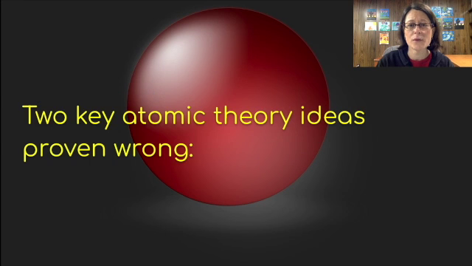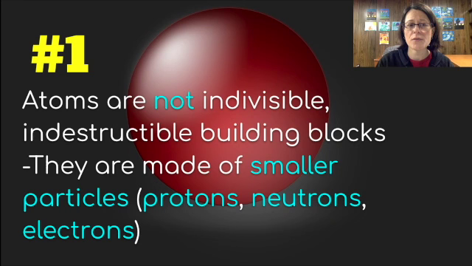Now, with further research, there are 2 key ideas of his that have been definitely proven wrong. The first one is that atoms are not indivisible, indestructible building blocks. We have found that they are made of smaller particles, protons, neutrons, and electrons, and even these smaller particles are made up of even smaller particles that you could research if you're interested in that.